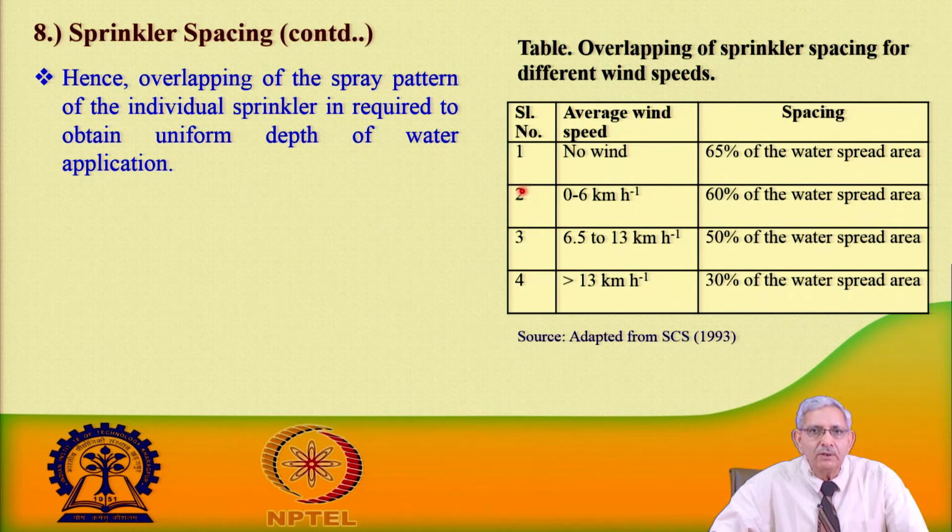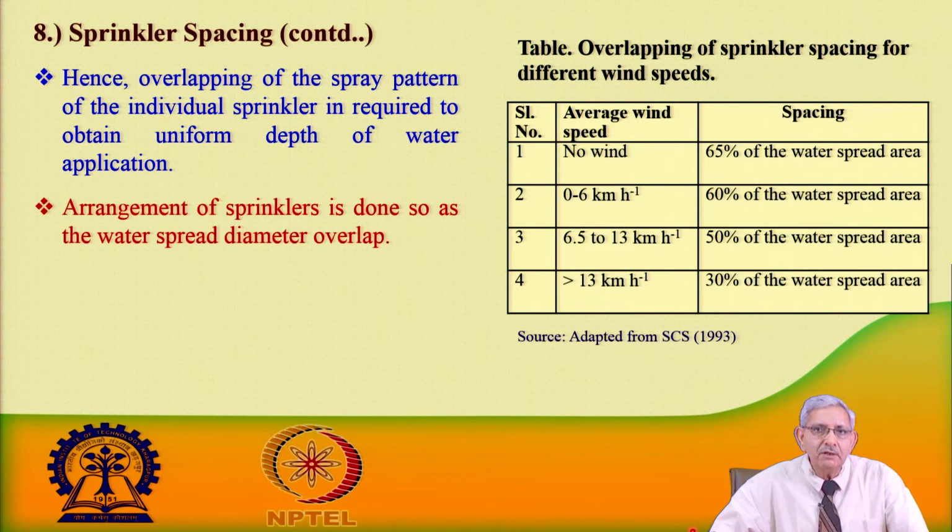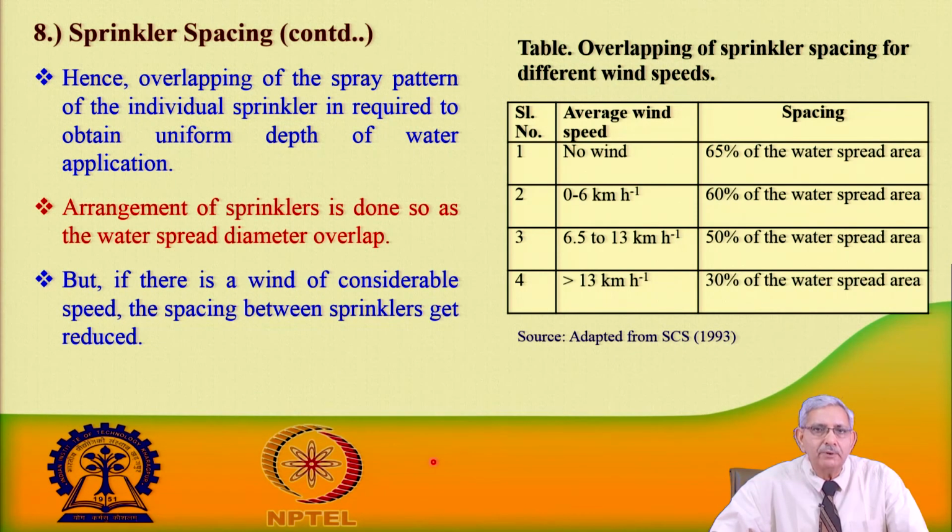When the wind speed is 0 to 6 kilometer per hour, it is 60% of the water sprayed area; 6.5 to 13, 50%; and greater than 13 kilometer per hour, 30% of the water sprayed area. It means as the wind speed increases, the spacing between the sprinklers decreases, so they are placed closer. The arrangement of the sprinklers is done so as to increase the water sprayed area overlap.